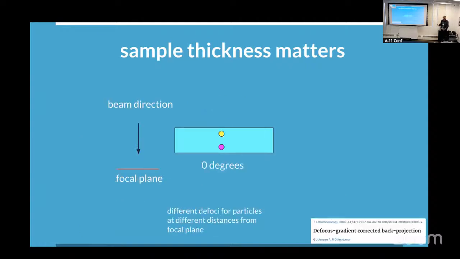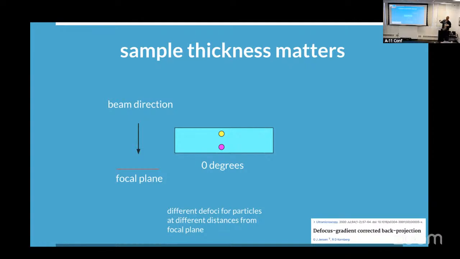Well, we say, okay, I have estimated a single defocus value from the CTF that I've observed by looking at the power spectrum of the image for this one projection image. And then I know where my different particles are in Z, right? So here we have 2 particles. We've got a yellow particle, a pink particle.